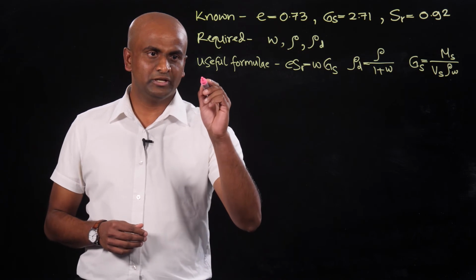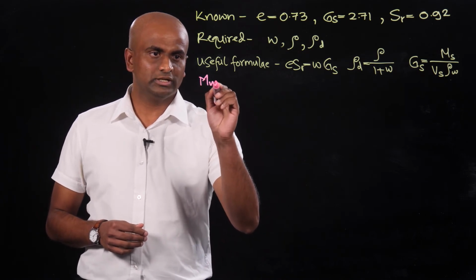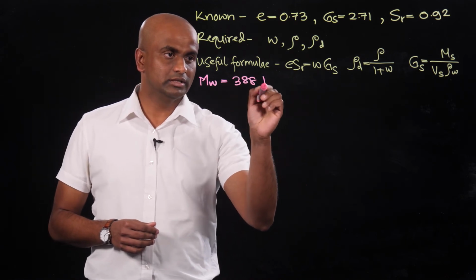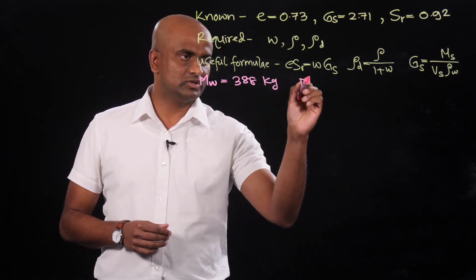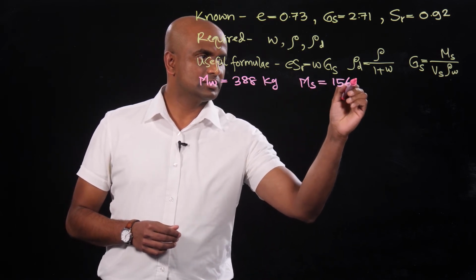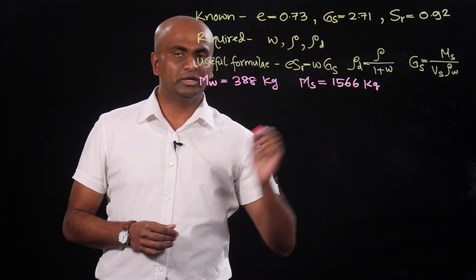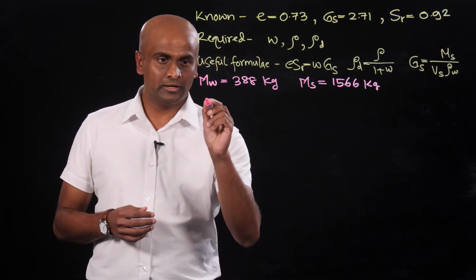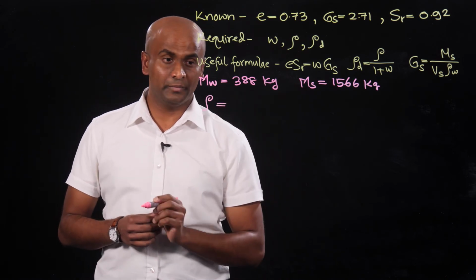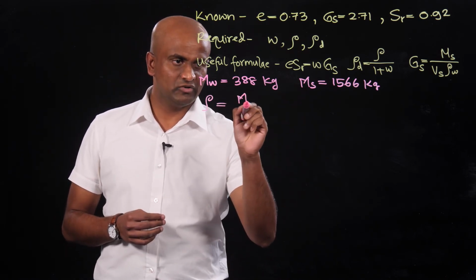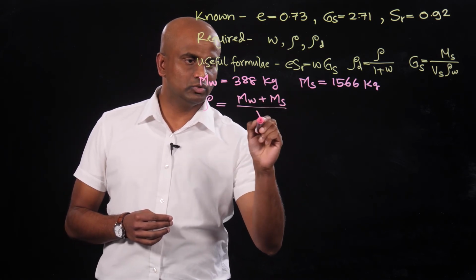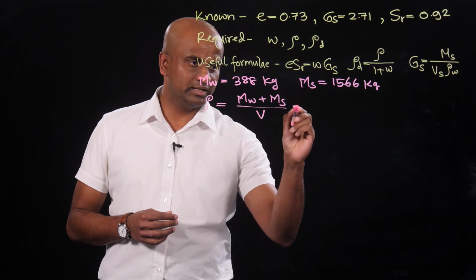Now we have determined our mass of water in 1 cubic meter volume of soil, 388 kilograms, and mass of solid as 1566 kilograms in 1 cubic meter volume. So now it's a straightforward calculation for determining the bulk density, which will be mass of water plus mass of solid divided by the total volume, which we assumed as 1 cubic meter.